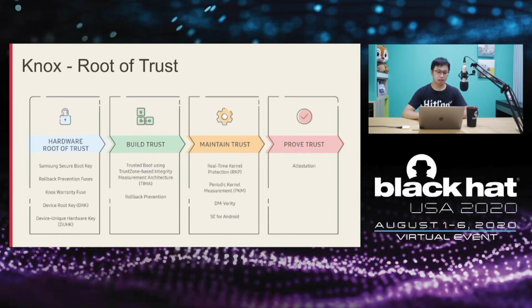It contains TMA, trustzone-based integrity measurement architecture, real-time kernel protection, periodic kernel measurement, SE Linux enhancement, and many other things to prevent privilege escalation and unauthorized access to the phone's data. Since we are attacking the bootloader, we will only discuss the most relevant part, Secure Boot.